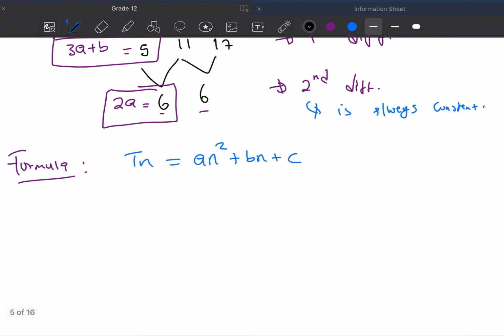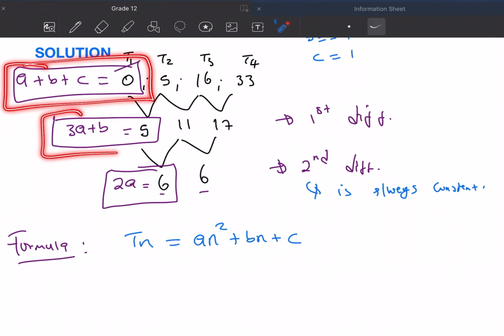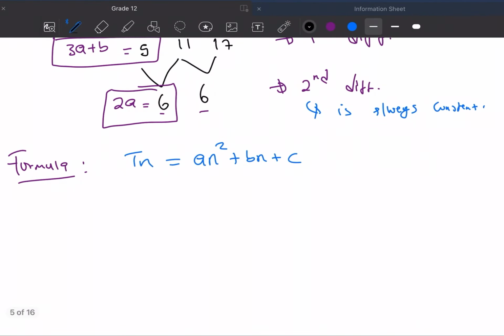How do we do that? Again, that is the reason why you need to remember this relationship. So 2a is equal to 6, so you're solving for a. What you're going to do is divide by 2 on both sides. Why are you doing that? It's because you're solving for a.